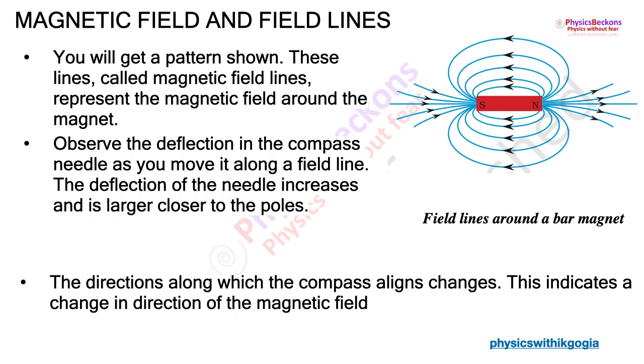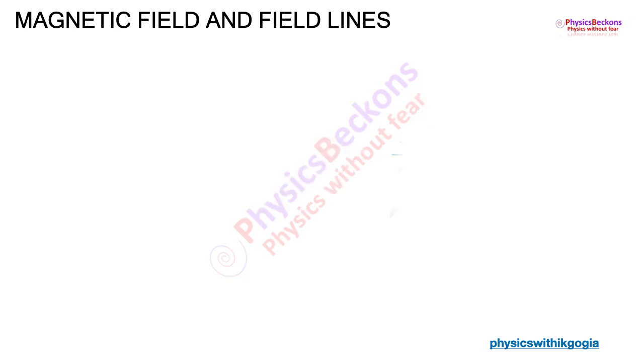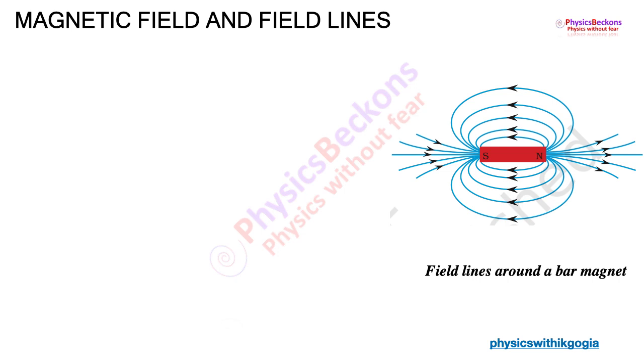In fact, we say that the direction of the magnetic field at a point is the direction in which the north pole of a freely suspended magnet is pointing. So, the change in direction of the compass indicates a change in direction of the magnetic field.